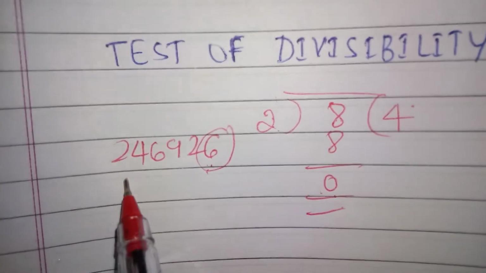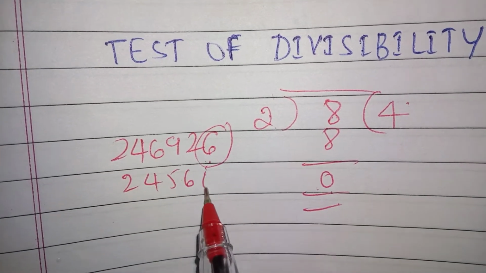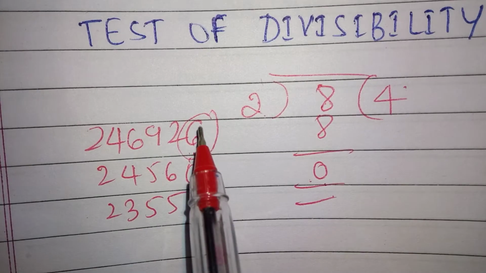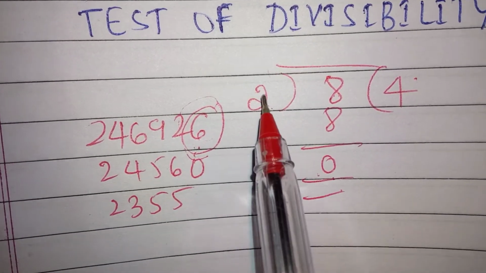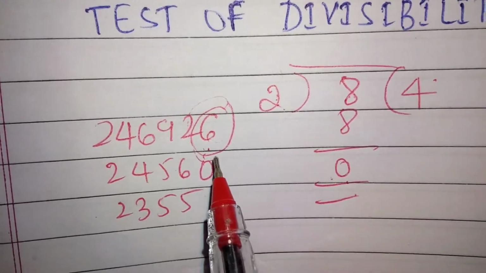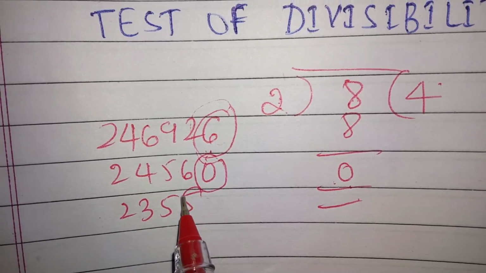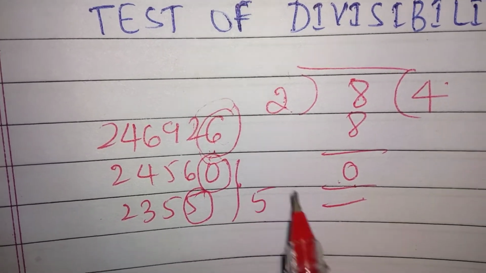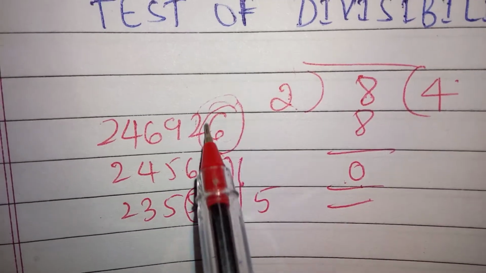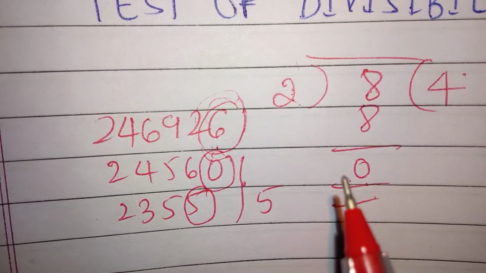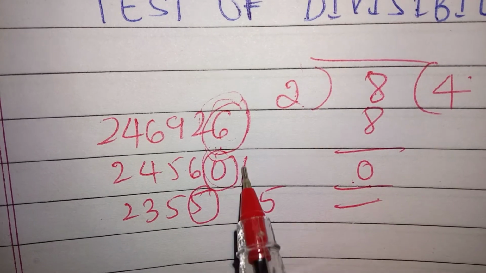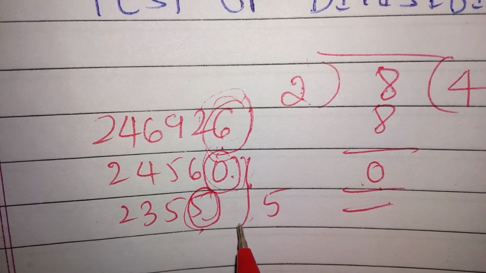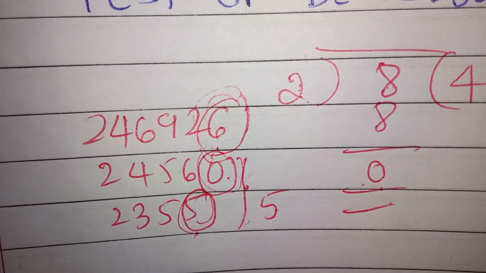If the number is 2, 4, 5, 6, 0 or 2, 3, 5, 5, when the last digit is even, it will be divisible by 2. If the last digit is 0 or 5, it will be divisible by 5.